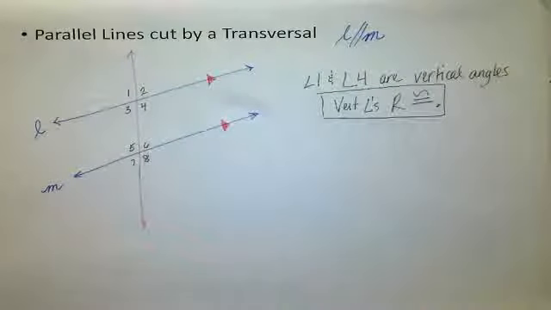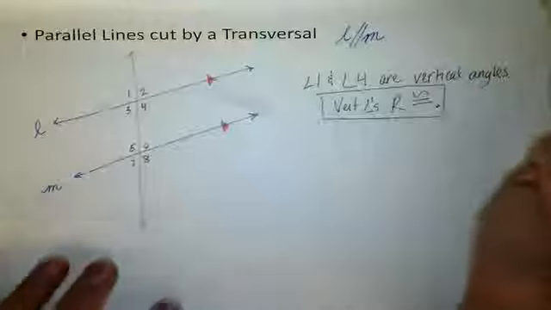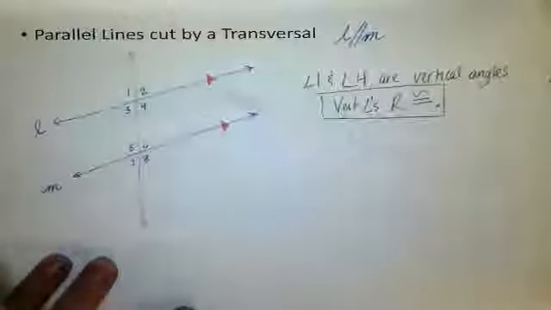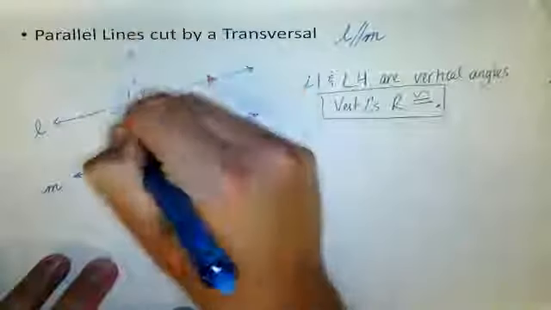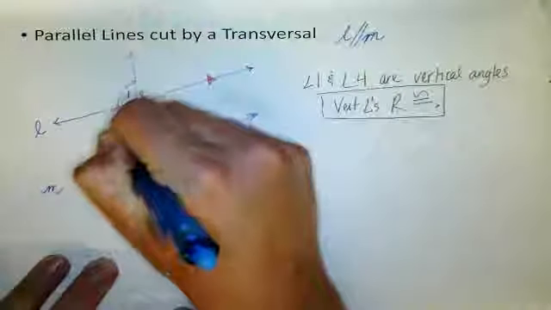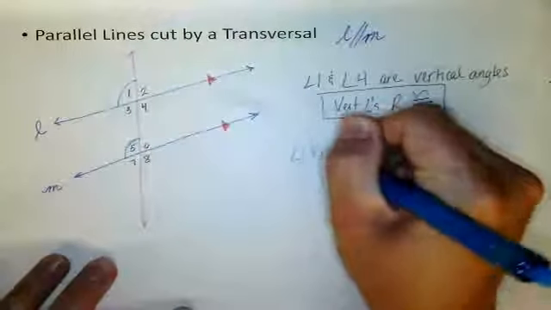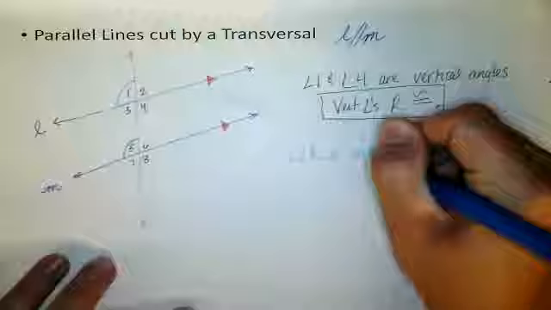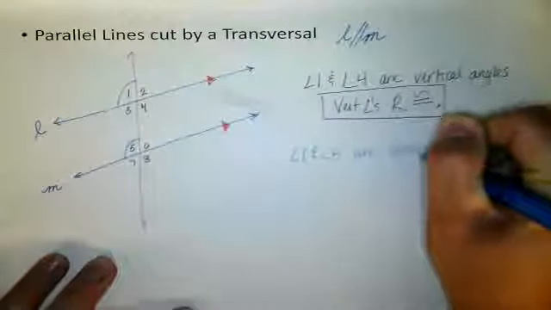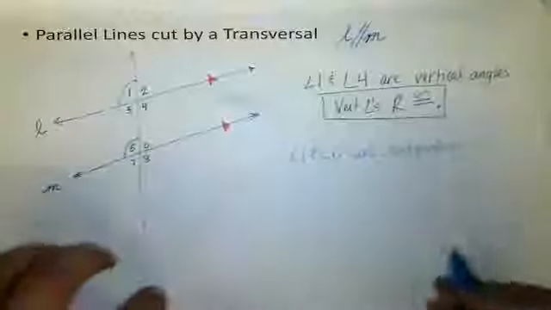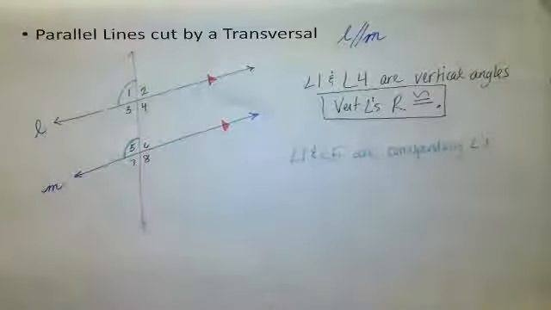So now I want to talk about some actual angles involving parallel lines. Angle 1 and angle 5. What kind of angles would you call angle 1 and angle 5? Corresponding angles. So what other angles are also corresponding? 2 and 6.